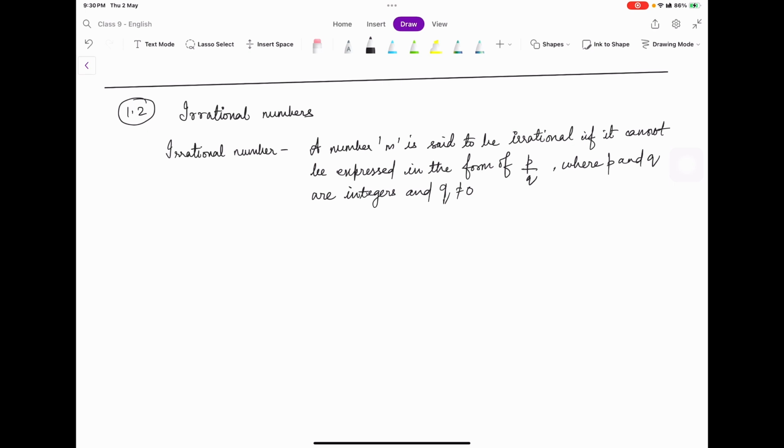So the opposite of rational numbers is irrational numbers.